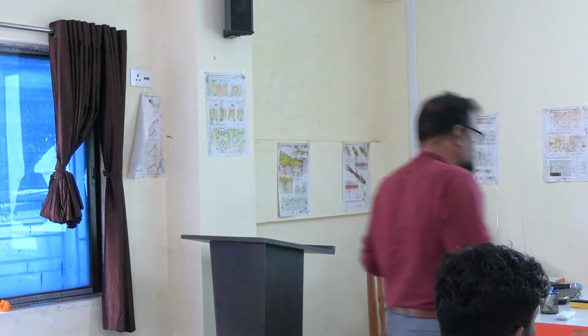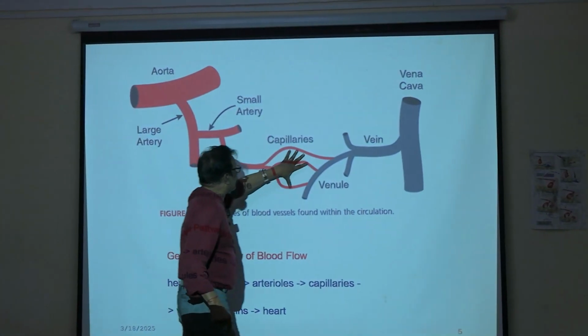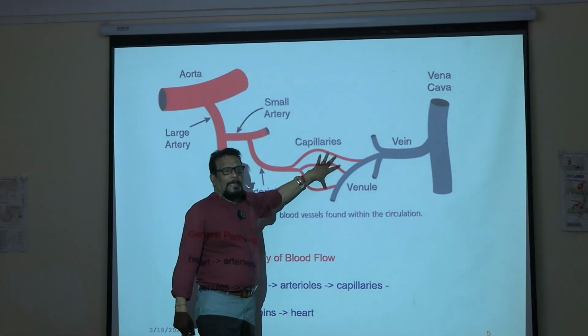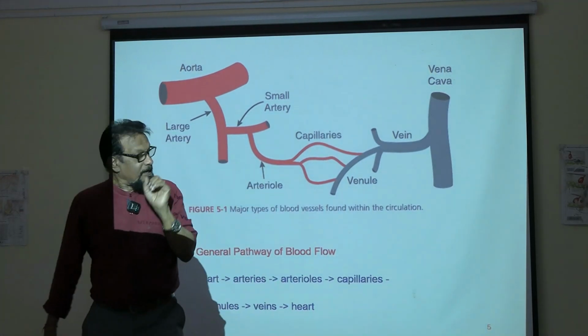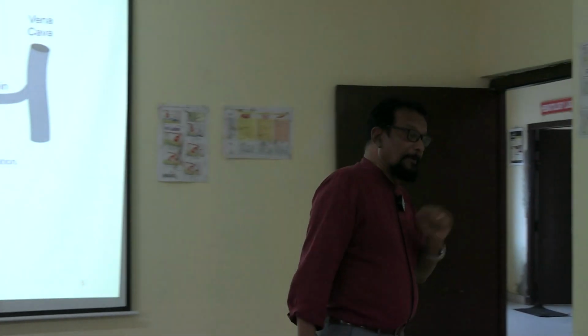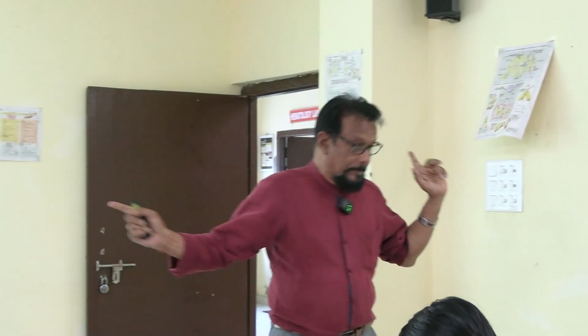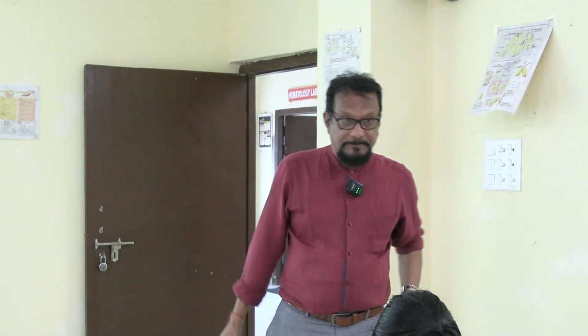Okay, similarly, if you add the cross-sectional area of the arterioles and capillaries, I will show you how much it has gradually increased. Okay, what is the effect?